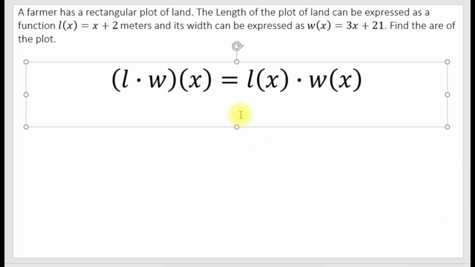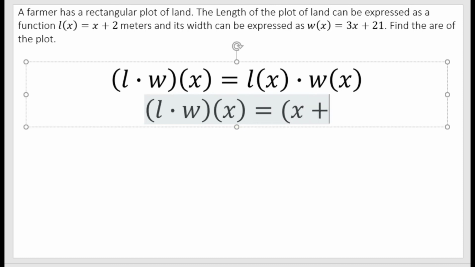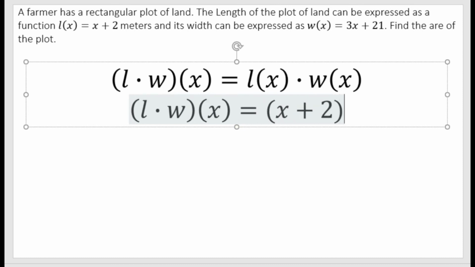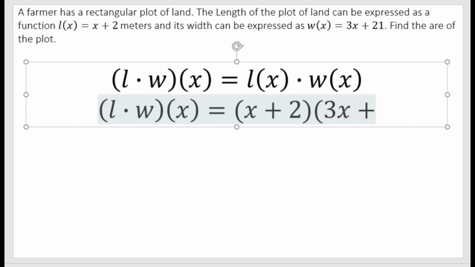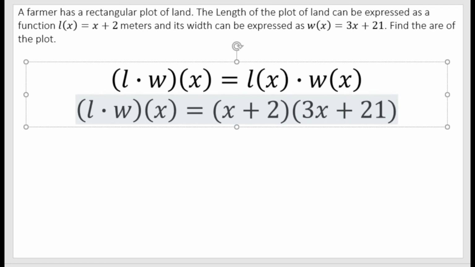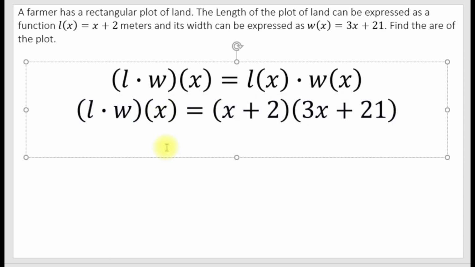Okay? And then we're going to substitute the given. That is x plus 2 multiplied to 3x plus 21. Then we're going to apply the distributive property.